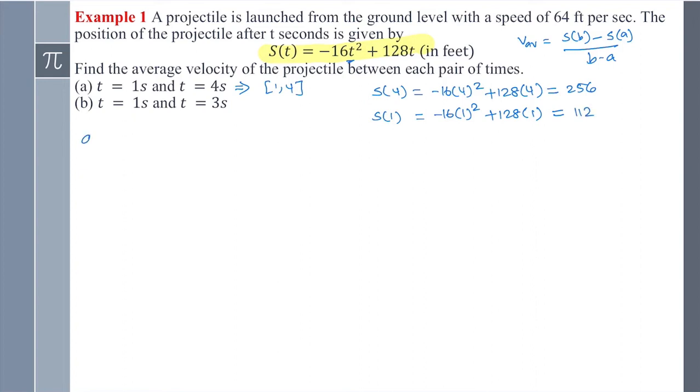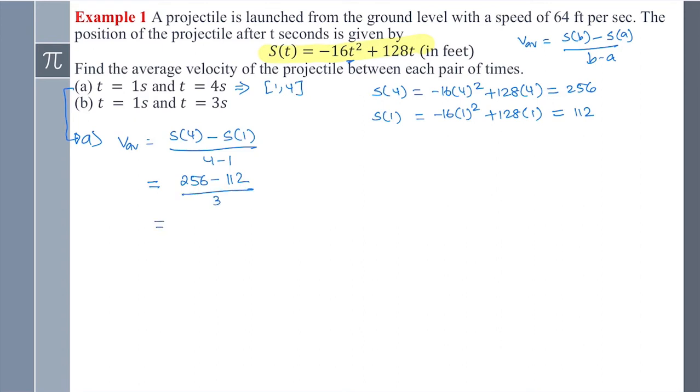Now, the average velocity for this problem, the first one, A, is S of 4 minus S of 1 divided by 4 minus 1. And we know that S of 4 is 256 minus S of 1 is 112, divided by 4 minus 1, which is 3.